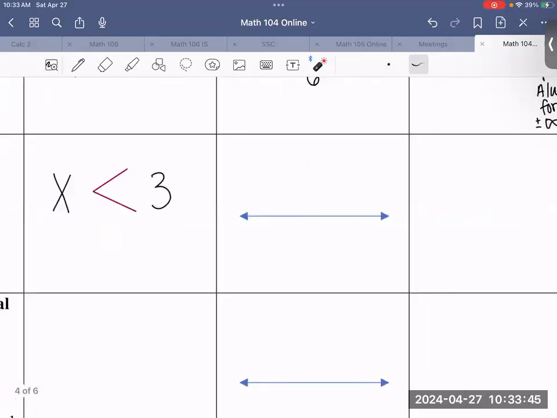Now, if we were to put that on your graph, again, 3 being somewhere here, we are saying, well, 3 is not being included. It's less than 3. So values that are to the left of 3 are smaller. And we are not including 3, so we can have either a parentheses or an open circle or both.